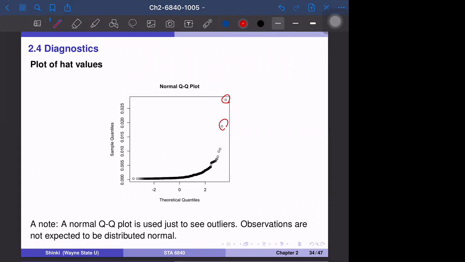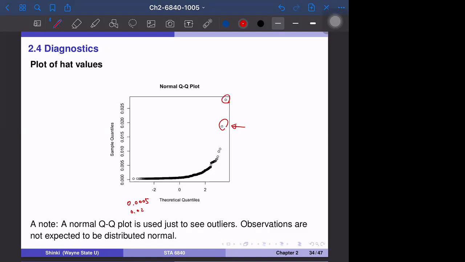In the previous page, we could see that typically the influence is 0.0005, but this one has a hat value of 0.02. So 0.02 is 40 times larger.